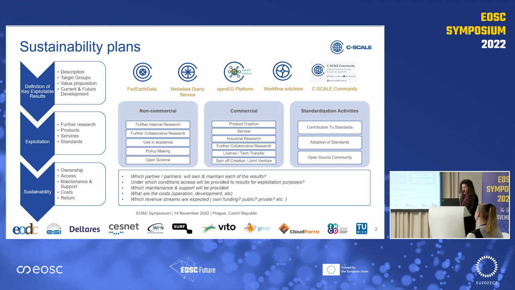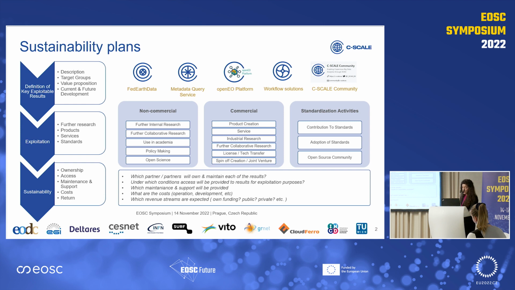A few words on how we identified them. After the project started and we gained a better idea of what from the proposal was actually feasible and most useful, we started forming a better idea of the key exploitable results that we want to promote and exploit the most.